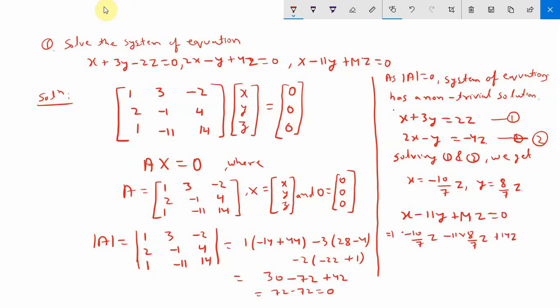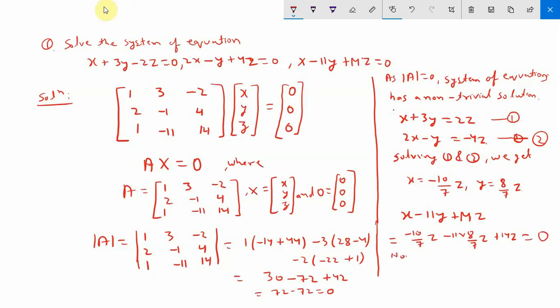We will put it only in the LHS, and we will check whether 0 is coming or not. So now we see minus 10 and minus 88, so minus 98 by 7, so minus 14z plus 14z, it will be equal to 0.